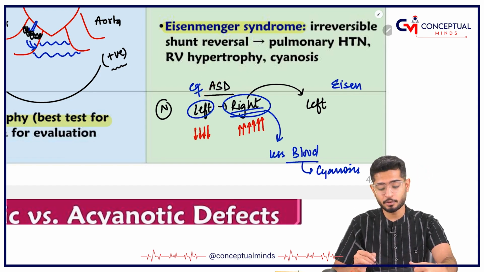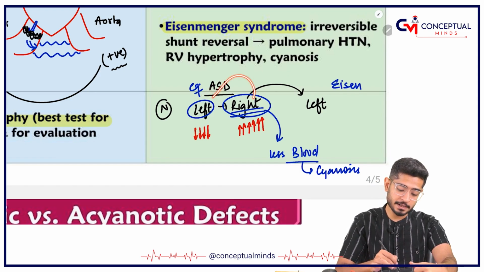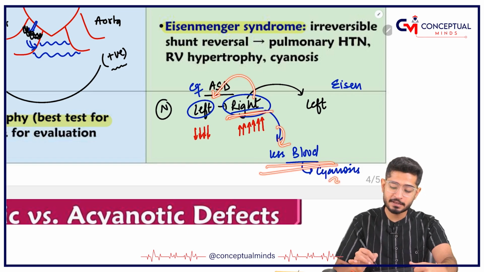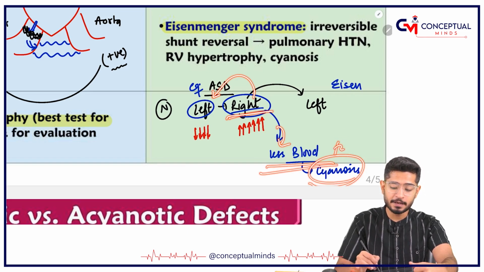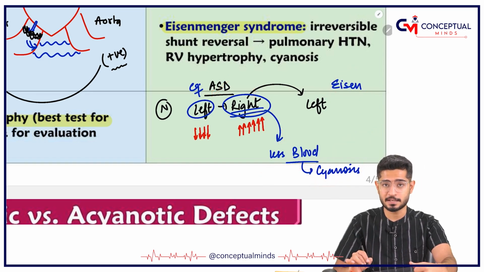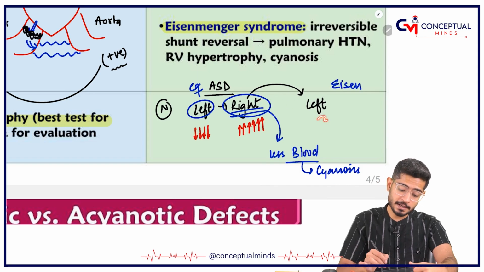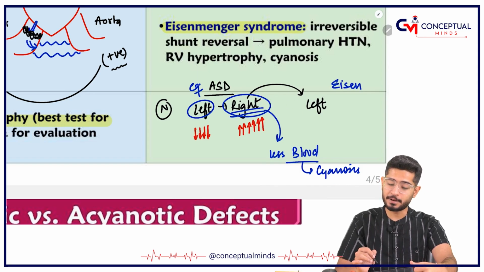Once the blood flow is diverted, if there is less blood going to the pulmonary circulation, that causes cyanosis. This is called Eisenmengerization. Now, more blood is going to the left side, my dear friends.